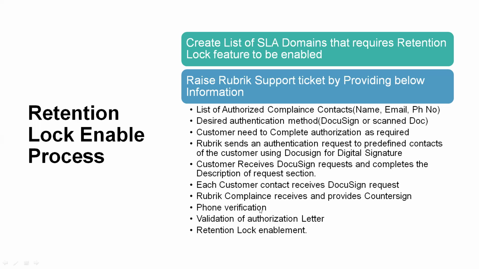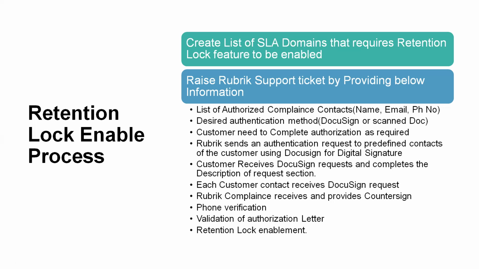The customer needs to complete the required authorization. The first three steps are done by the customer, and in the fourth step, Rubrik sends the authentication request to the predefined contacts of the customer using DocuSign for digital signature.